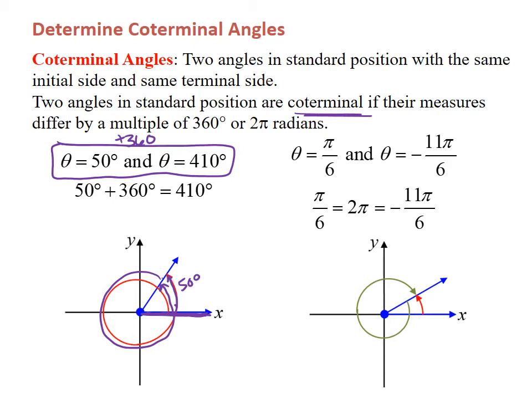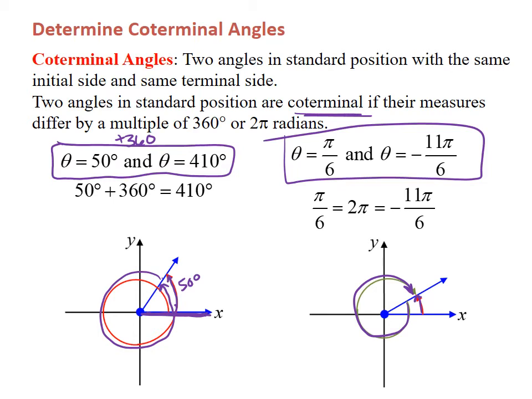So these are known as coterminal angles. Similarly, pi over 6 and negative 11 pi over 6 are the same. So we can go in either the clockwise or the counterclockwise direction.